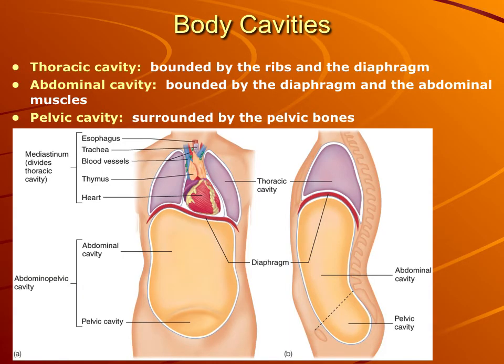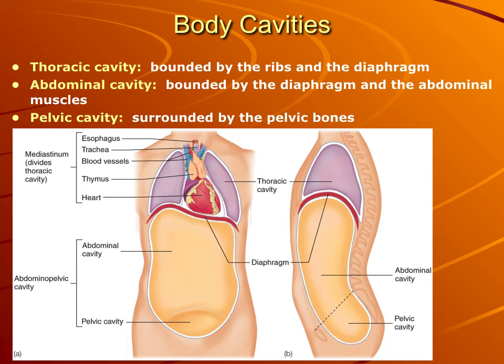Likewise, we have to understand the body is divided not just into organ systems and organs, but into body cavities. These are internal spaces that allow organs to move independently of one another and to grow independently. So we have spaces like the thoracic cavity, which holds the heart and the lungs, the abdominal cavity.